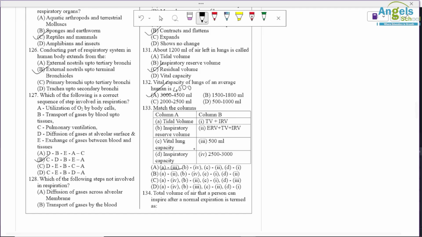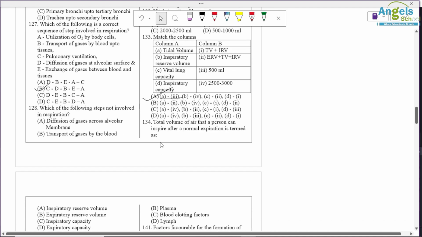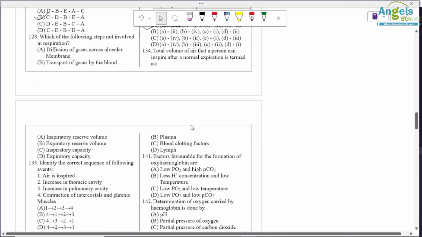Then vital lung capacity is the sum of ERV, TV and IRV, and inspiratory capacity is TV plus IRV. So here A option is correct. Question number 134. Total volume of air that a person can inspire after a normal expiration is termed as... So it is inspiratory capacity only.